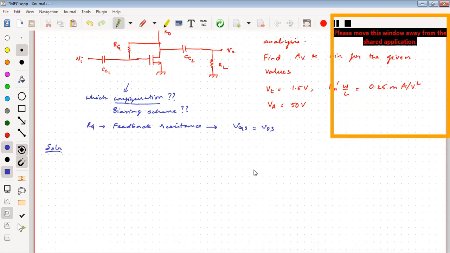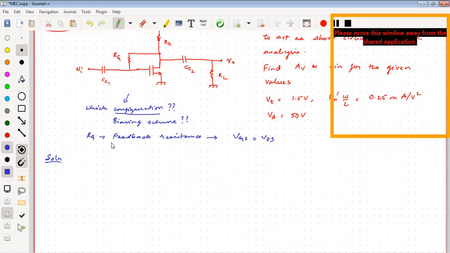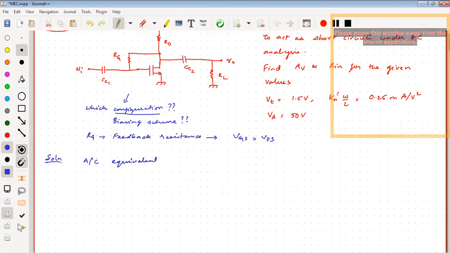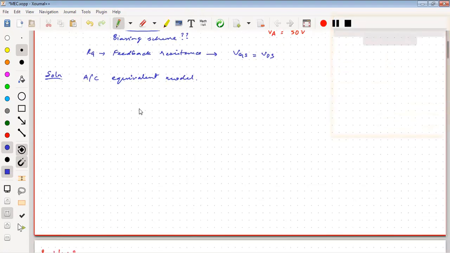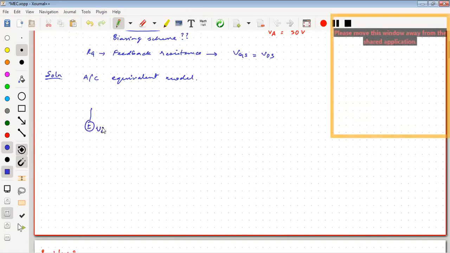First, try drawing the AC equivalent. You have plus minus VI here, then RG. Remember, since the gate is connected to the drain, even in the small signal model you have it like this.